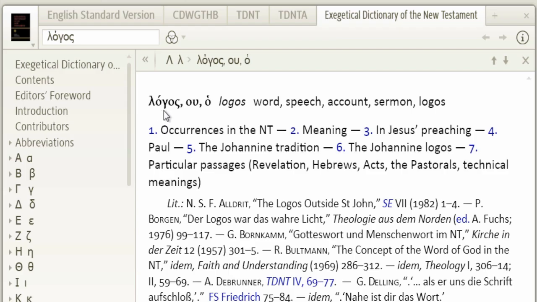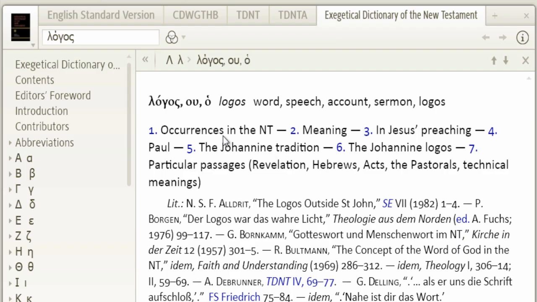You have the Greek word here, along with its transliteration and some translations of the word. And if you look at the contents section here, you can see that the Exegetical Dictionary of the New Testament organizes its information or its content differently than TDNT does.